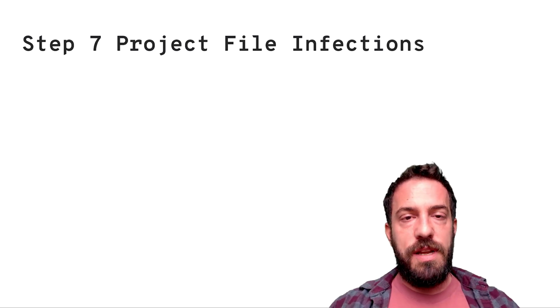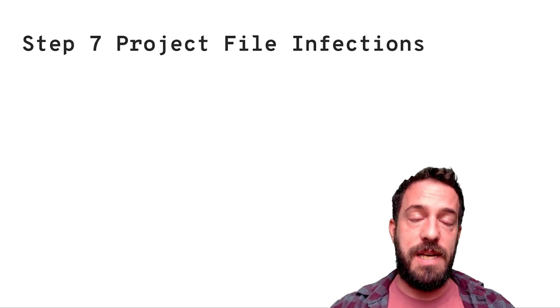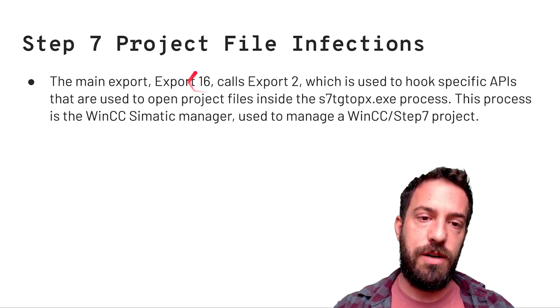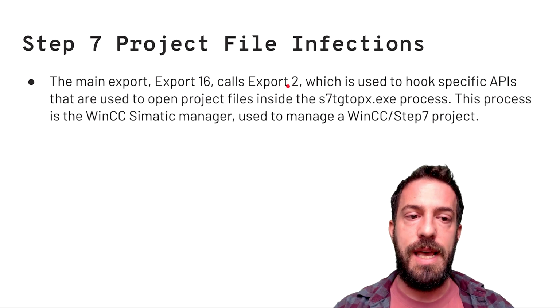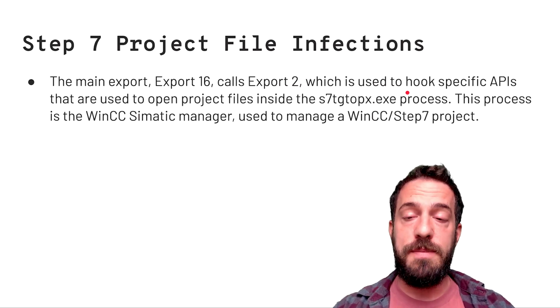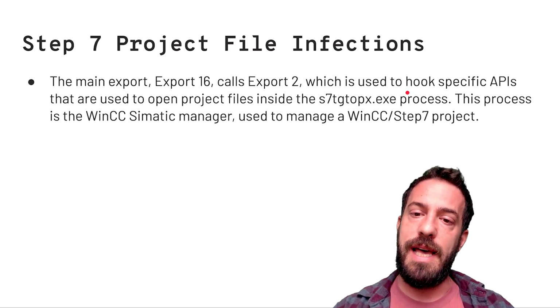So Stuxnet would infect, as expected, Step 7 project files. And to do that, it would call export 2, which would have been called from its main function, export 16. Export 2 would hijack the Siemens S7 process and hook specific API calls, and Stuxnet would take them over.